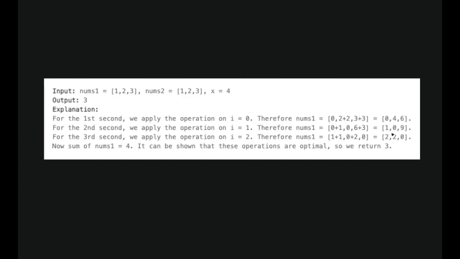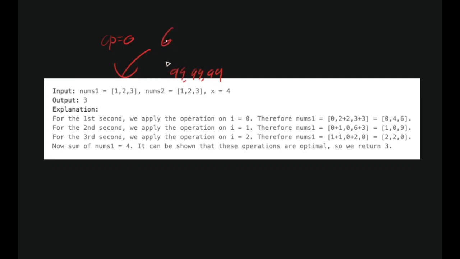Now let's see how we can actually solve the problem. Looking at this example, the first thing to notice is that it's not always beneficial to make more operations. For example, nums2 here is 1, 2, 3, but I can change it to 99, 99, and 99. With 0 operations, meaning we don't do any operation, the sum will be 6.